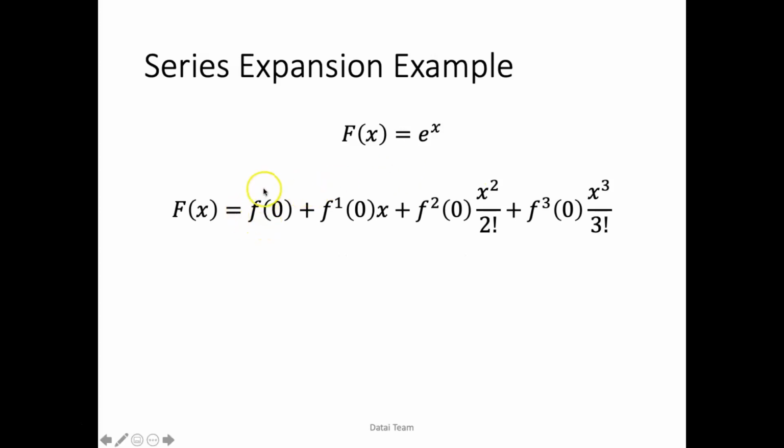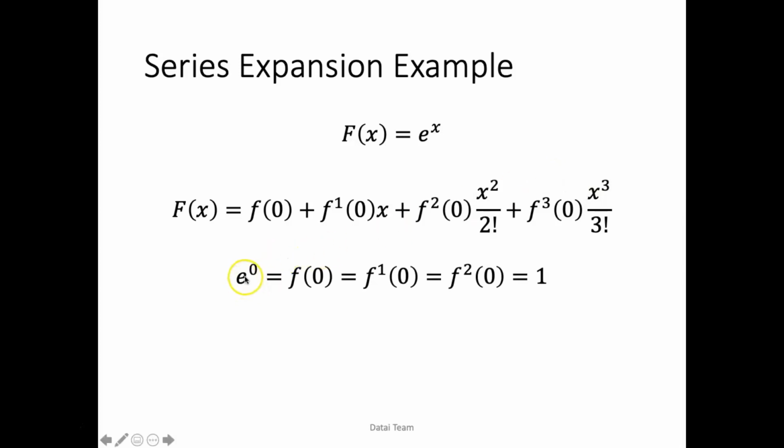We have f of 0, so e to the 0, plus the first derivative, that's also e to the x, times x, plus the second derivative, x squared over 2 factorial, third derivative, the value is 0, the input value, x cubed over 3 factorial, and we just have x's here because our a value is equal to 0.